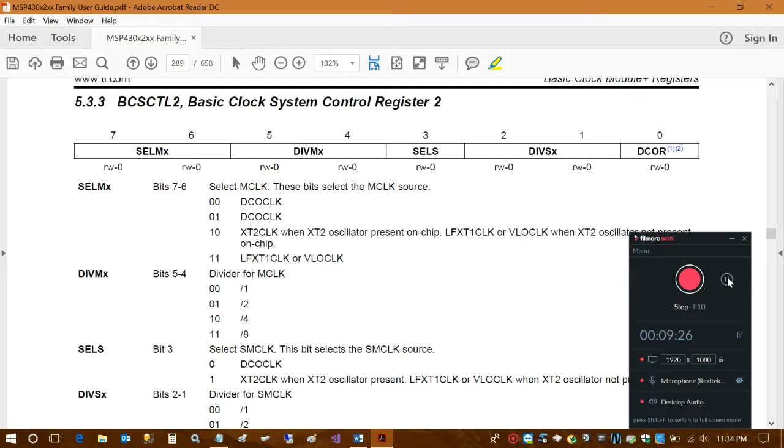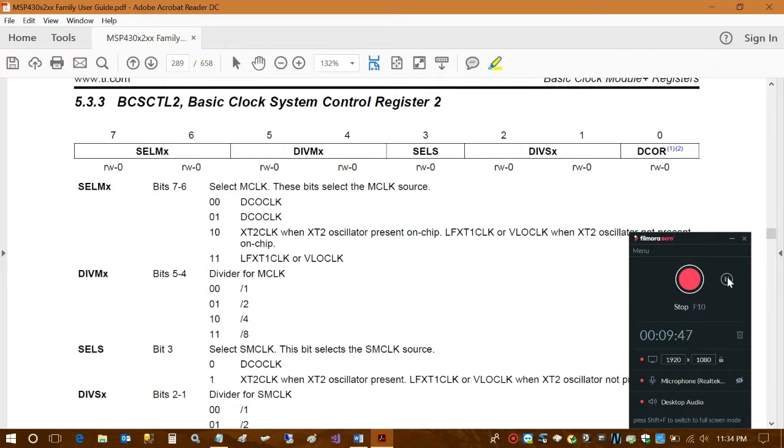Then it is BCSCTL2, that is basic clock system register 2. Here basically what we are doing is that we are selecting the clock system for the SELS. SELS means the clock source for the sub-main clock, that is SMCLK.